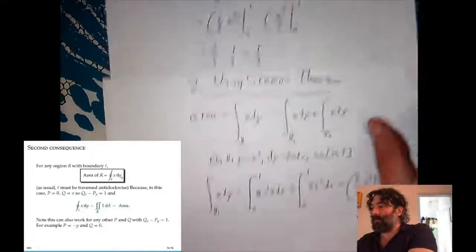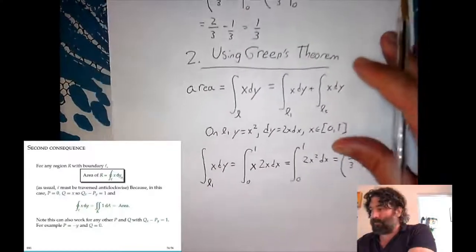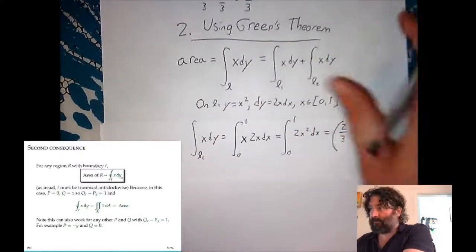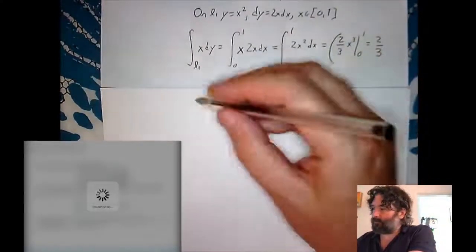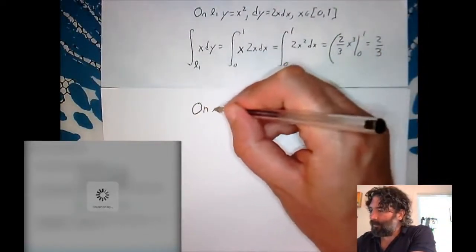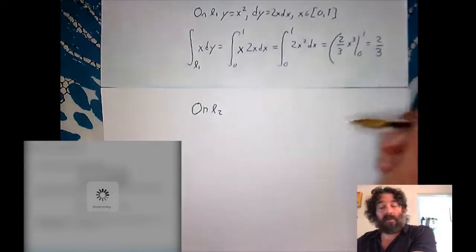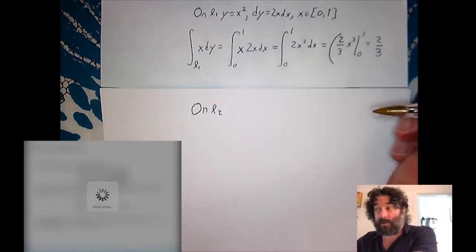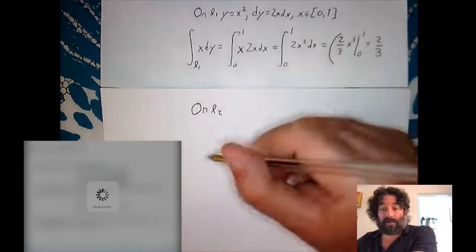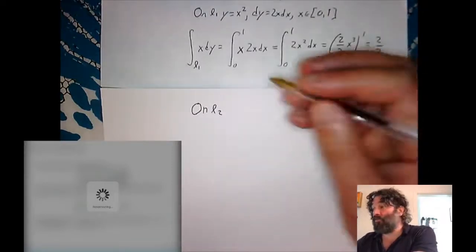Now let's do the line integral along L2. On L2, it is easiest to parameterize using y as the parameter, because the formula for L2 is x equals y squared.